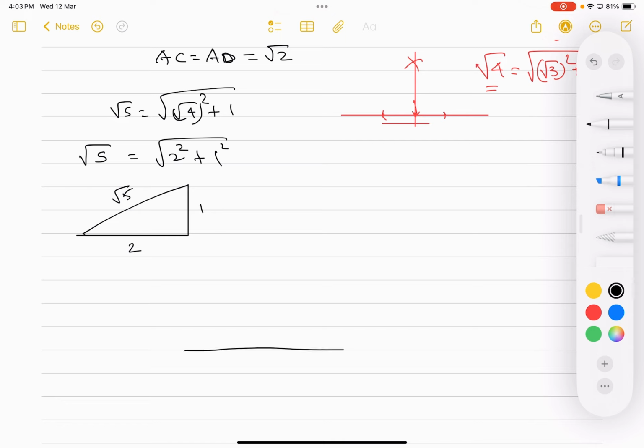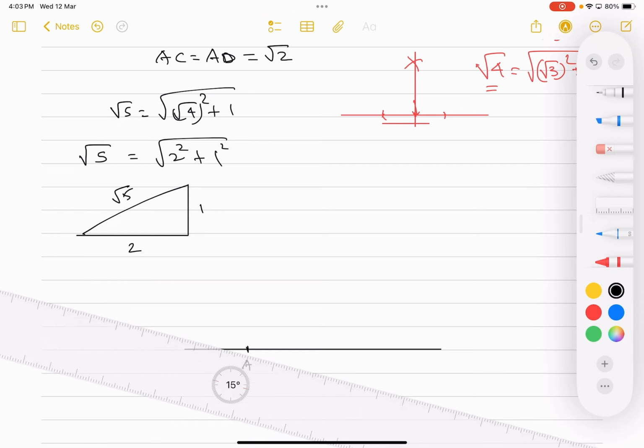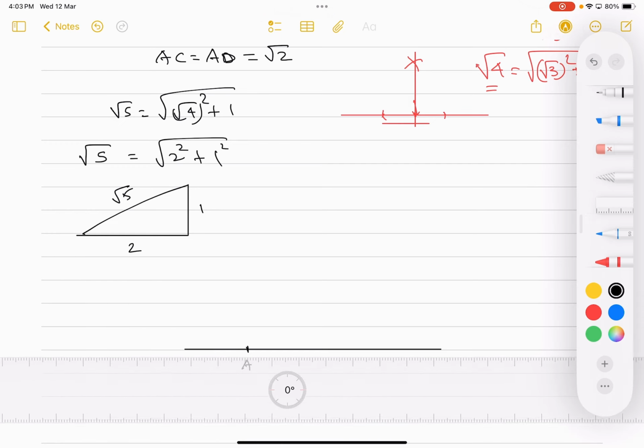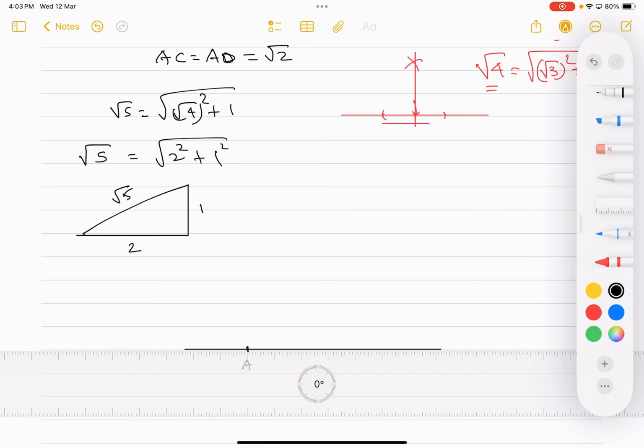That is, draw a line, mark A and measure two units, so I am considering 2 centimeters for 1 unit.